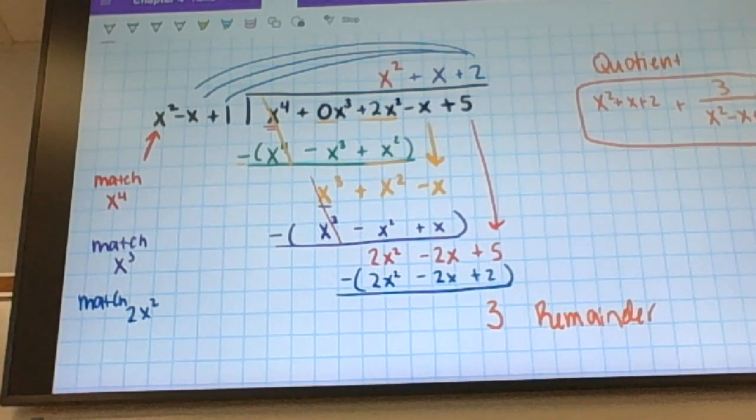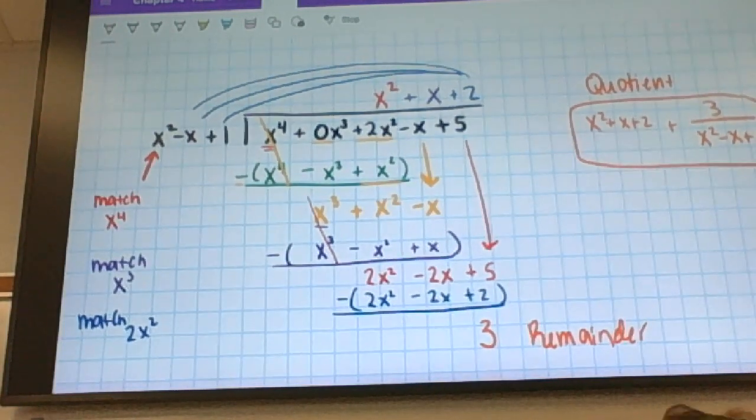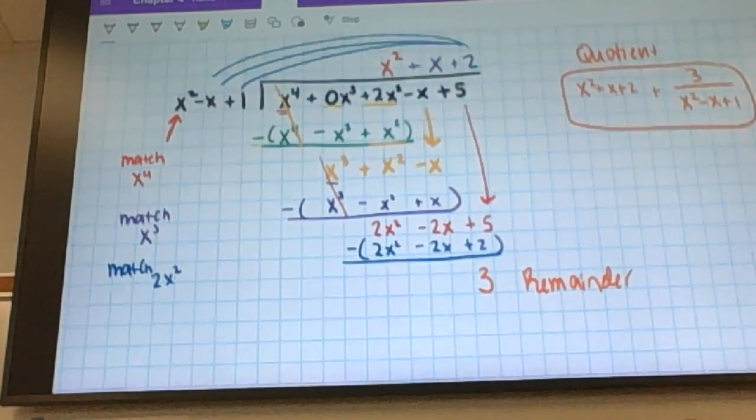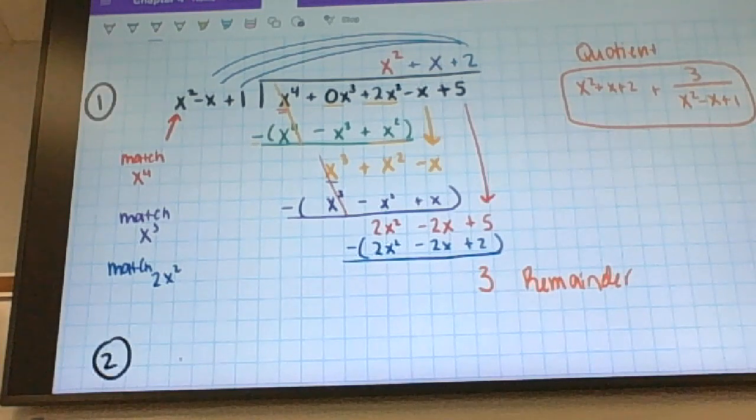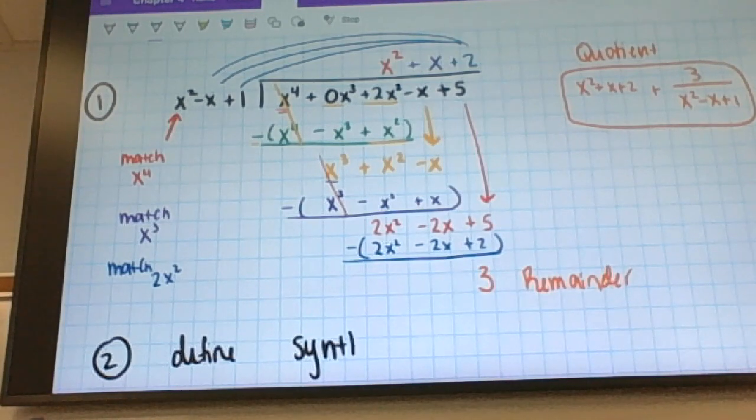Synthetic division on page 334. Number 2 of bell work was to define synthetic division. It's a short definition. I've been talking about this word synthetic, and there are a lot of variations.